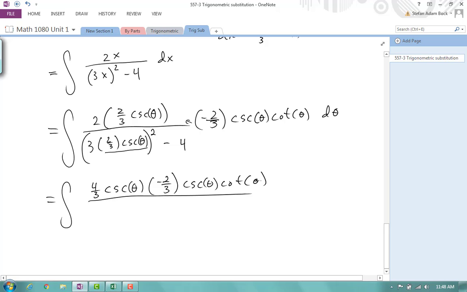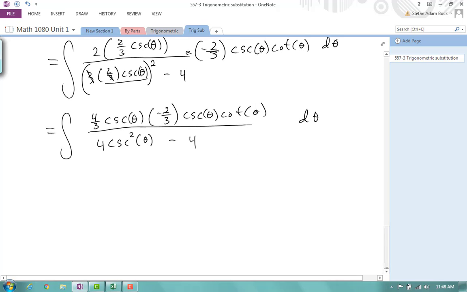And on the bottom, 3 times 2/3, those cancel. And when I square all this out, I'm going to have 4 cosecant squared of theta minus 4. And there's a d theta waiting patiently out here.